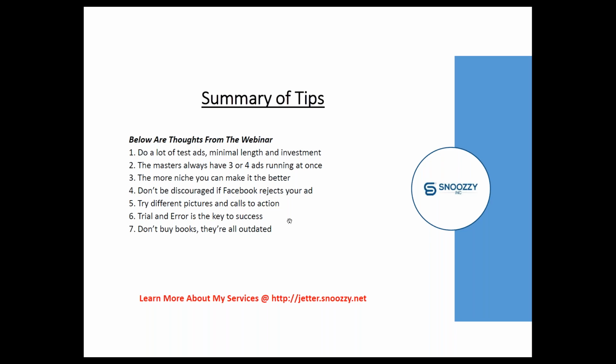Number two, the masters. I call these gentlemen the masters. These are guys who are spending $2,000, $3,000 a month, and they're generating 100 to 150 leads a month. These guys, they've been doing it for 4 or 5 years, and they don't just have one ad running. They have like 4 different versions of the same ad running, different looks, different images, different verbiage, different call to action.